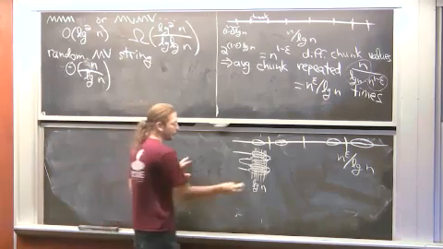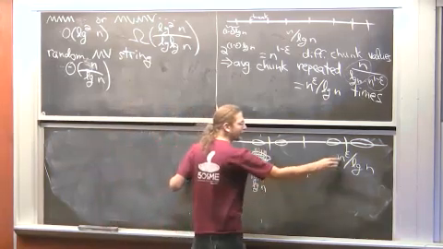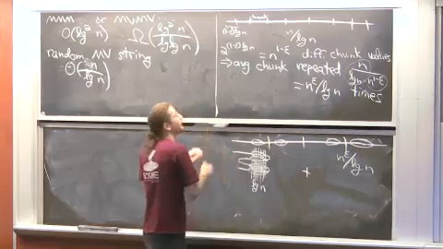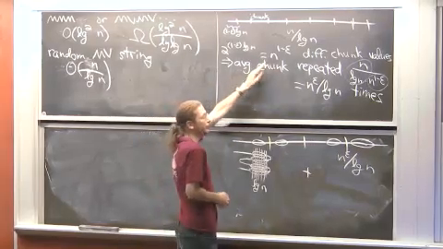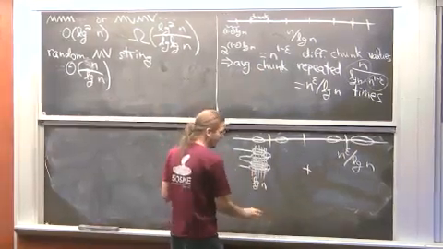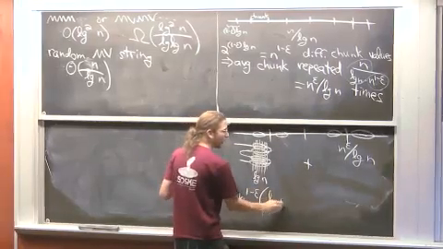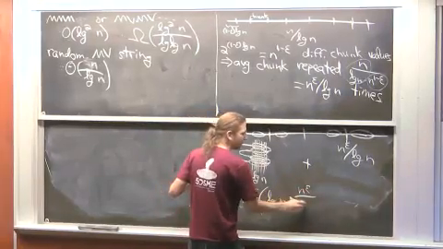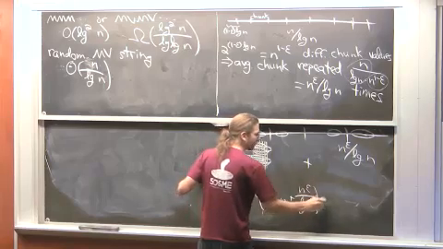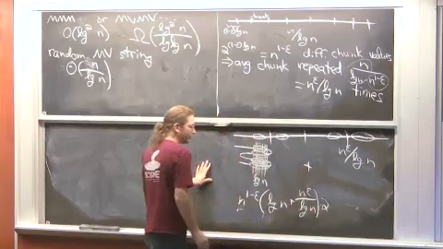So I get log n plus n to the epsilon over log n. I have to do this for each of the different chunk values. So I need to do n to the 1 minus epsilon times log n plus n to the epsilon over log n times like 2 because of the geometric series.